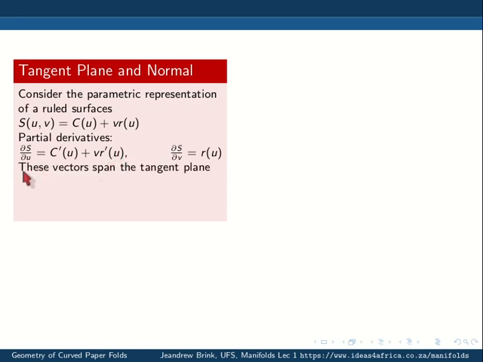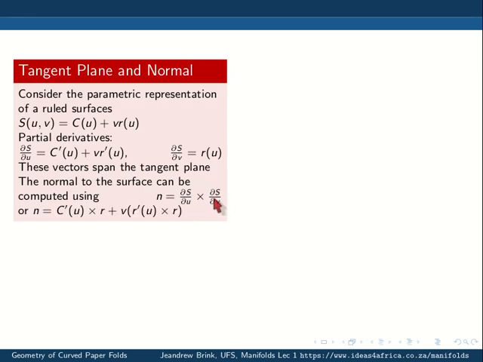Okay, so these vectors span the tangent plane, and the normal to the surface can be computed by simply being orthogonal to these two vectors. So the normal to the surface is simply the cross product of ∂s/∂u cross ∂s/∂v. And so our normal, I simply write this thing out, it's simply c'(u) cross r plus v r'(u) cross r.